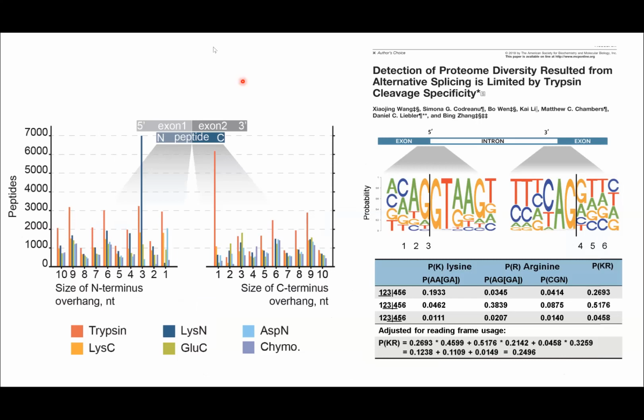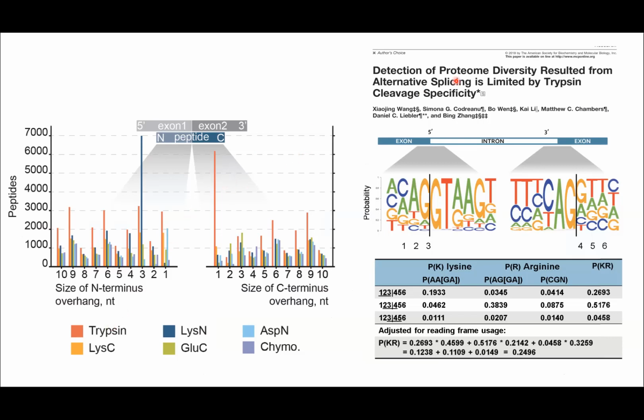So if we go to this slide, what we'll see here is, now this is looking at peptides that span a junction, and what you can see here is that 3 nucleotides in from this junction, you have a spike in Lys-N, and on the C side we have at one nucleotide in trypsin.